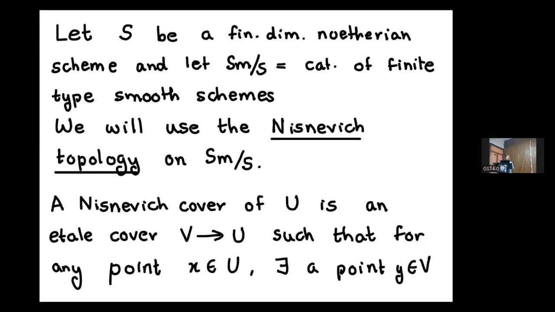Now, you might want to relax this a little bit, so that you don't necessarily want it to be an inclusion. It could be a somewhat different map, and then you can try to define sheaves using that.